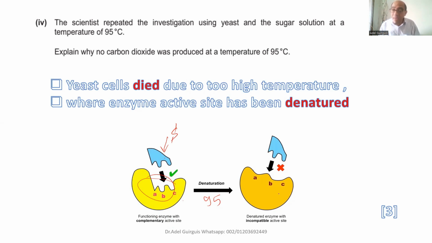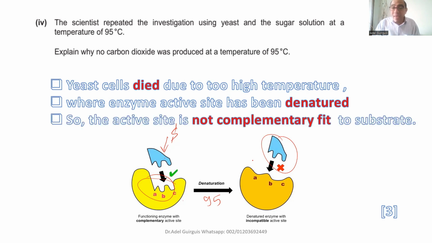So no longer does the active site bind, fit complementary, with the substrate. The enzyme is present, but deformed, denatured. So it is unable to bind with its substrate, glucose. The active site is not complementary to the substrate.